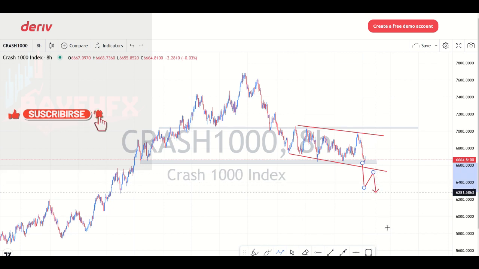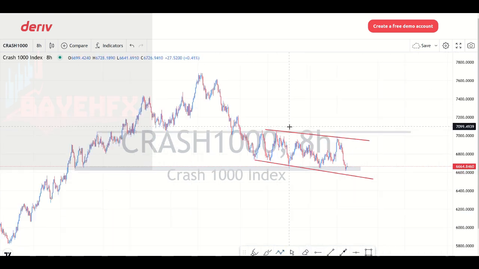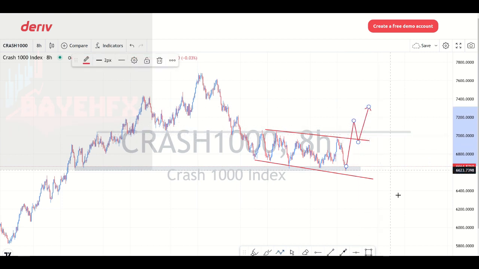Alright, break down and then we continue selling to the downside. While there's a possibility the market's going up, breaking out, and then we start looking for more buys on crash.